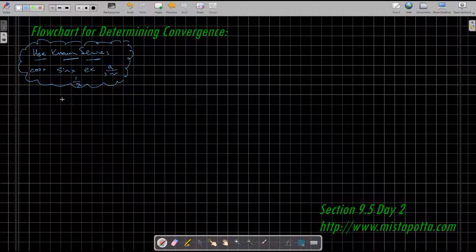Now, if this doesn't work, my first rule of attack here is really to look at the nth term test. Because remember, the nth term test says that if the terms are not getting smaller, in other words, if the limit as n goes to infinity of a sub n is not 0, then we diverge.